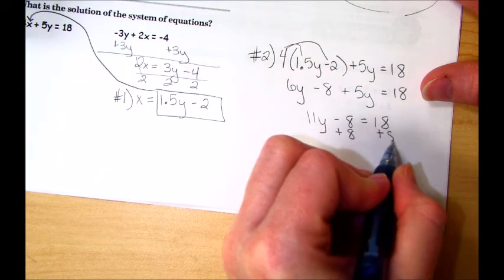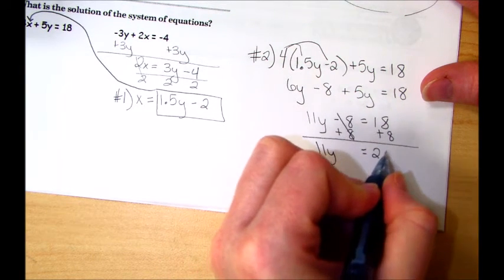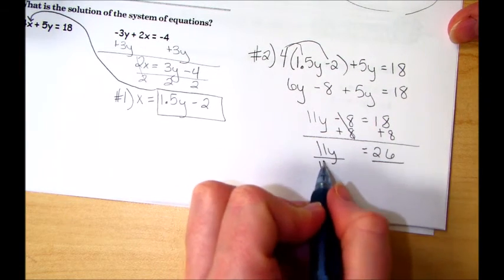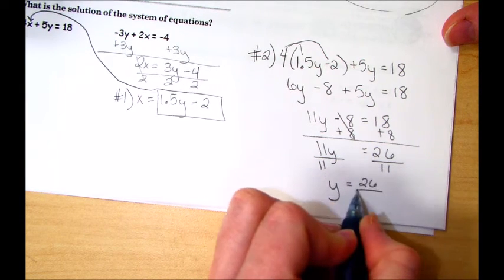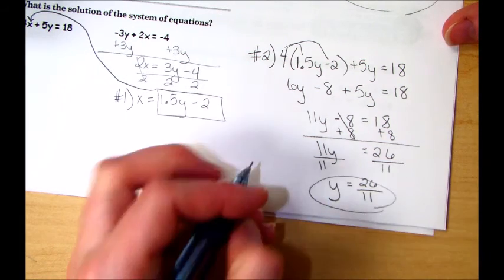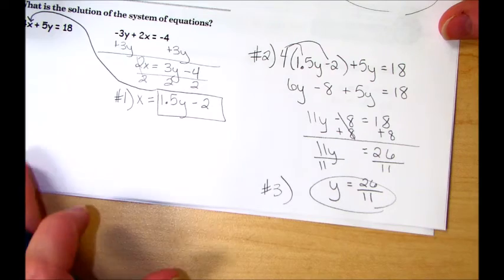Add 8. 11y equals 26. Divide by 11, and you can see we have a really ugly answer of 26 over 11, but it is right. That's step 3, solving for a variable after substituting in.